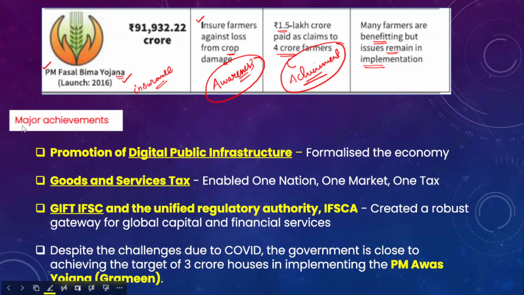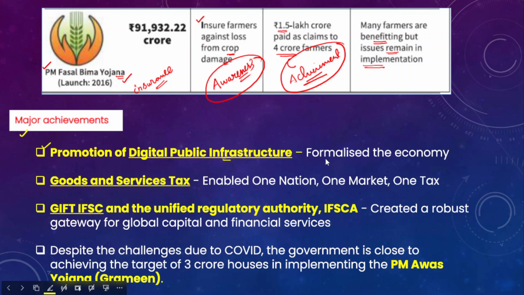So after that, we need to talk about the major achievements of this government in last few years, okay, or last year. So the government has made concerted efforts to develop and strengthen digital public infrastructure. For example, if you look at the digital payments in India, India is the global leader in digital payments across the world.